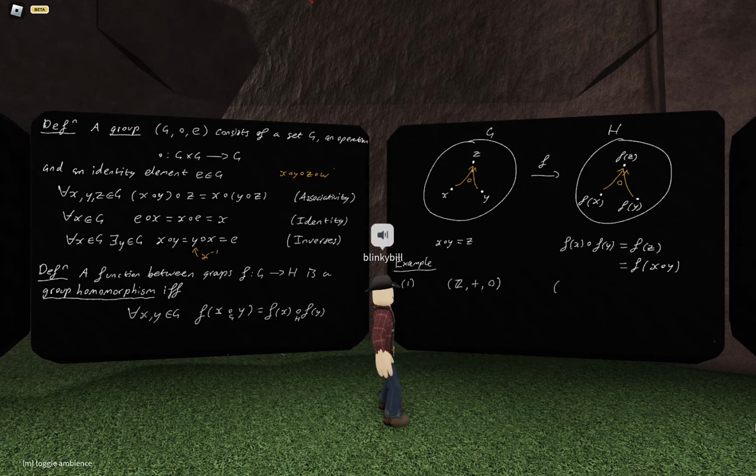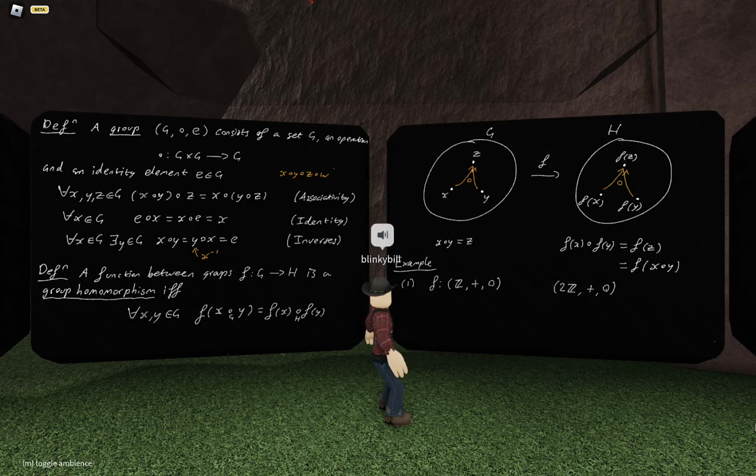The second group has a different underlying set, which is 2Z. It has the same sort of operation, but if you're being really picky, you would say that the operation has a different domain and codomain, but it's really just regular plus at the heart of it, and it also has the same identity element.